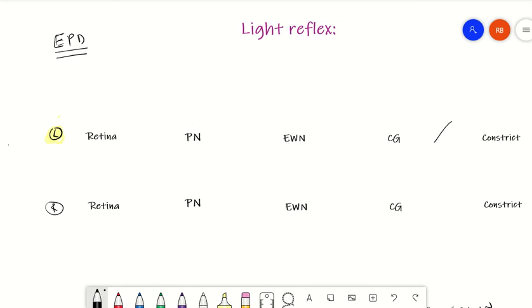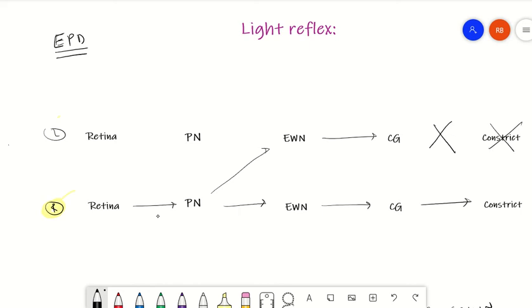Let's do that again. Say the lesion was there again, but you were to shine a light into the right eye. Again you can see the constriction doesn't happen in the affected eye.